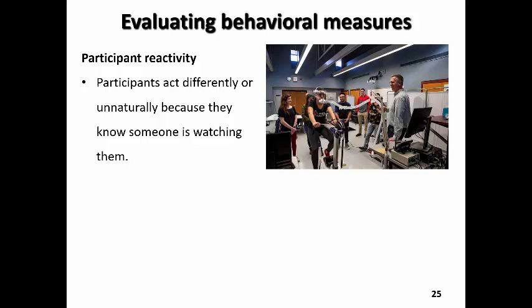However, this person is fully aware that there are others around watching them, and that fact may cause this person to change their level of effort in order to satisfy the fact that they know they are being watched. And so, from a research perspective, researchers should strive to minimize participant reactivity as it may cloud the primary research question, the primary objective of the study.